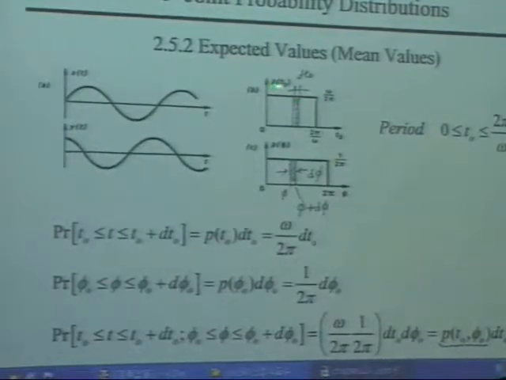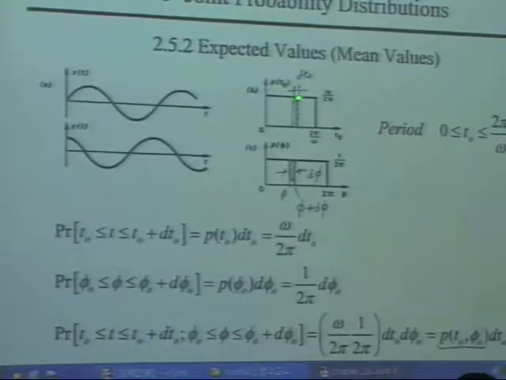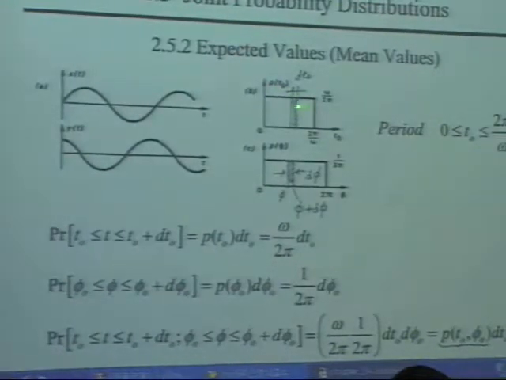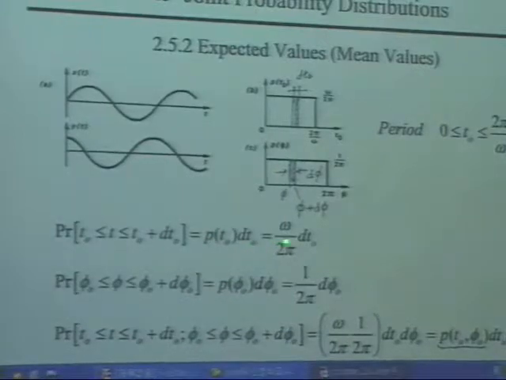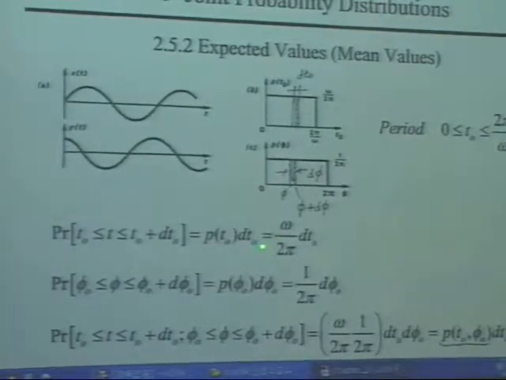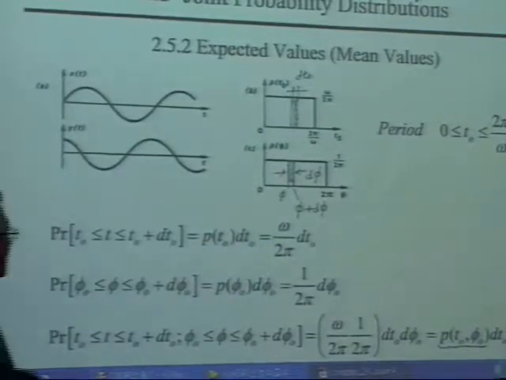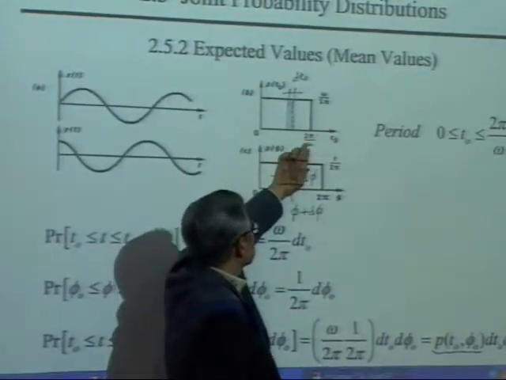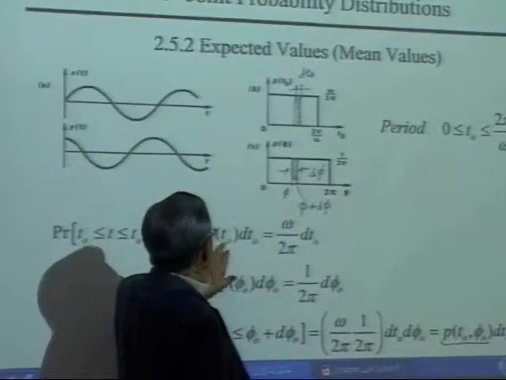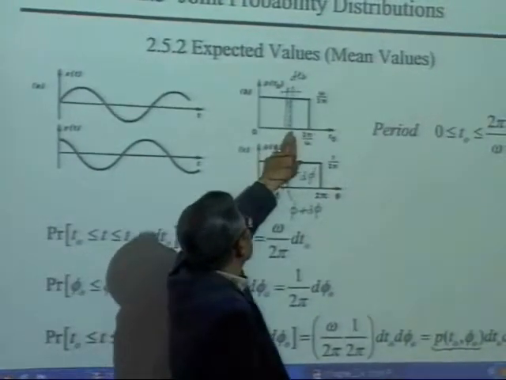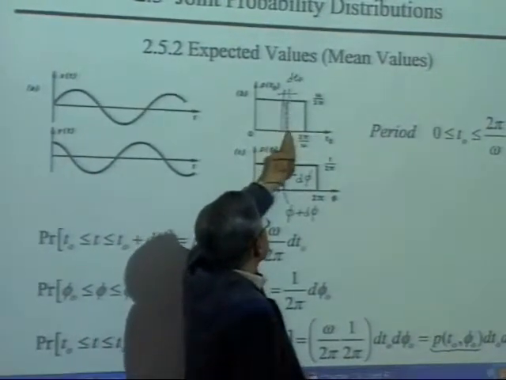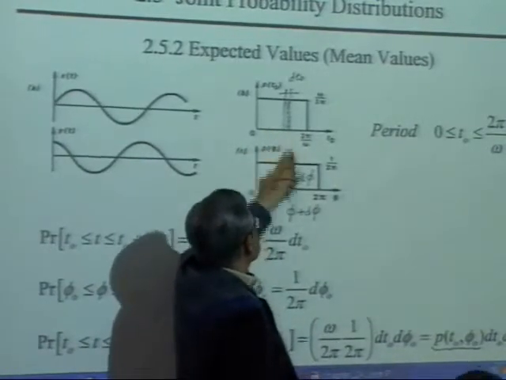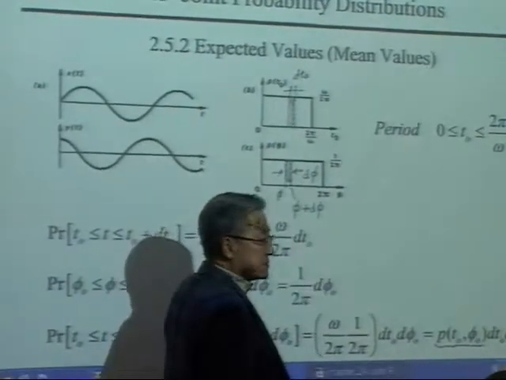So simply P of T naught times dt naught is area. So that's a straight multiplication. And P of T naught, this portion is right here. So this guy, this is omega over 2 pi multiplied by dt naught.